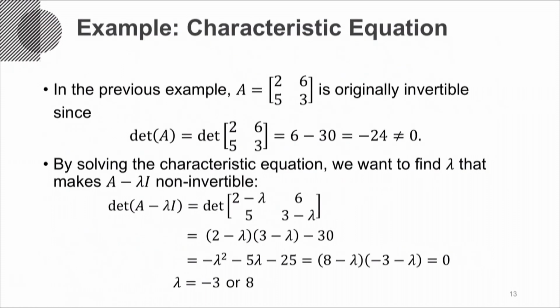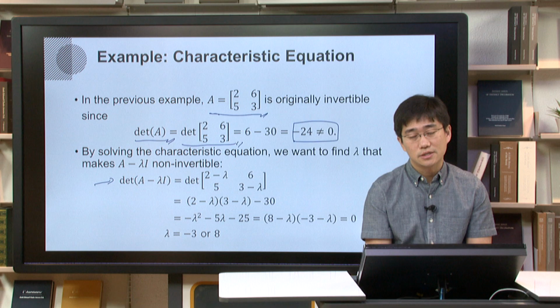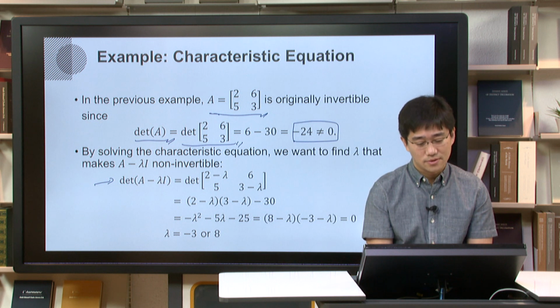Okay, so back to our previous example, let's construct our characteristic equation. But let's first verify the determinant of the original matrix A. We compute the determinant by this form, and it is a non-zero value, so the original matrix A is invertible.